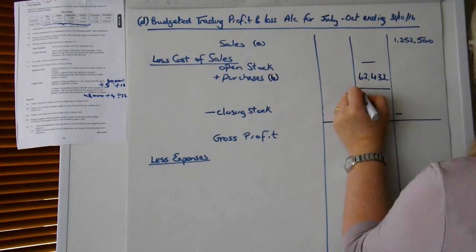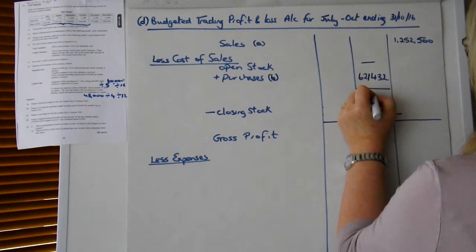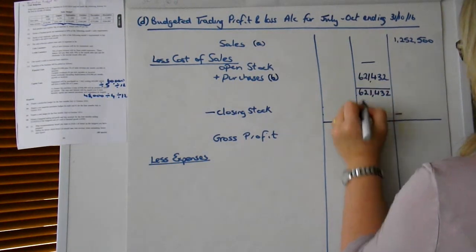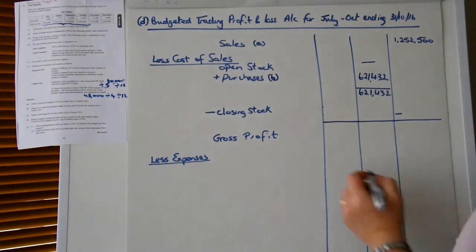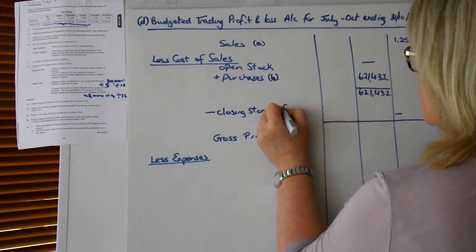Okay, so the next piece then is our closing stock, and our closing stock is made up of 2 items. It's made up of finished goods and raw materials. So I've just left some space for that.